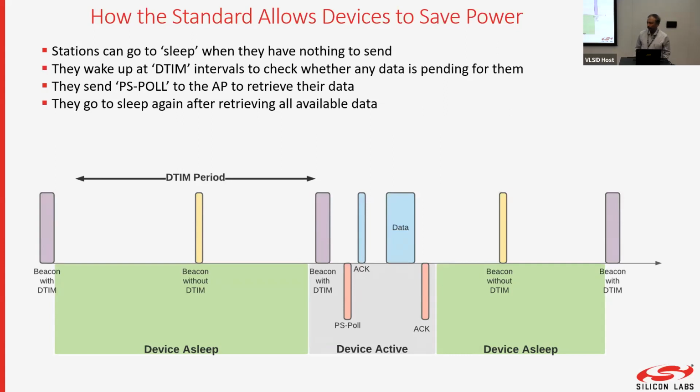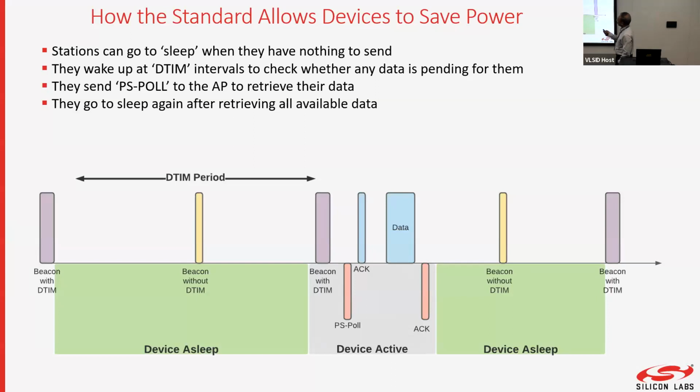Wireless devices are wireless because they need to be portable, for one reason. That's not the only reason. If they are portable, they are most likely battery powered, and they would like their battery to last longer. So the protocol itself has options to enable devices to go to sleep without impacting communication much.